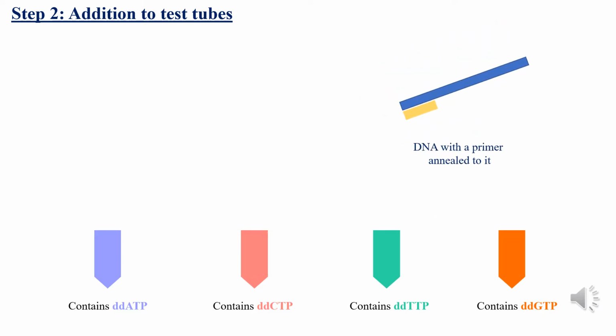A single-stranded DNA with the RNA primer annealed to it is added as well. The radiolabeled dNTPs will lead to the formation of radiolabeled oligonucleotides at a later stage, facilitating autoradiography.